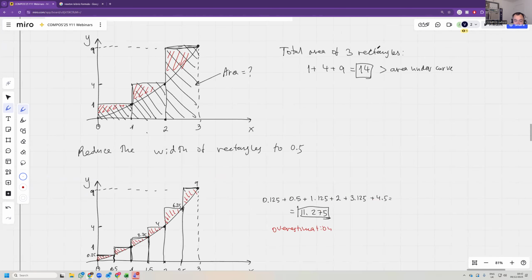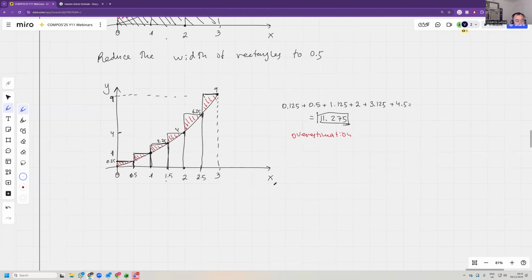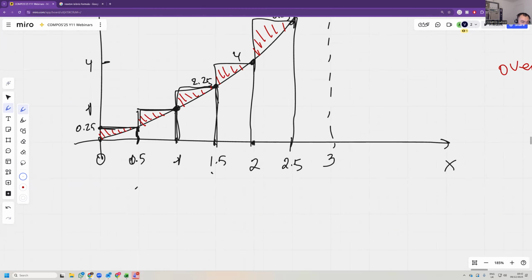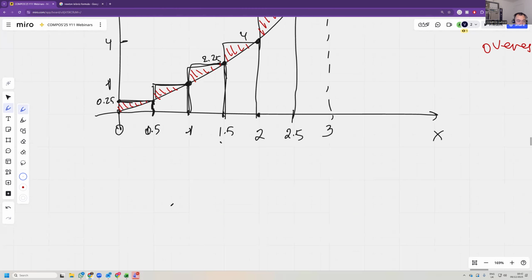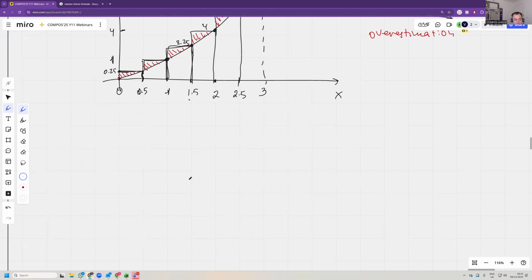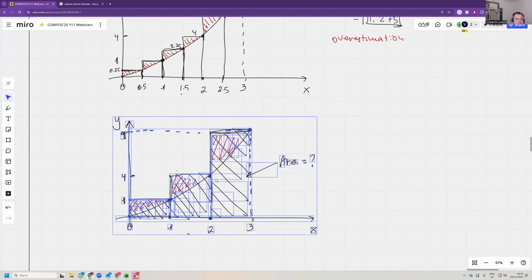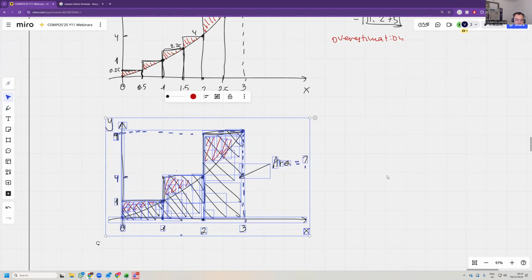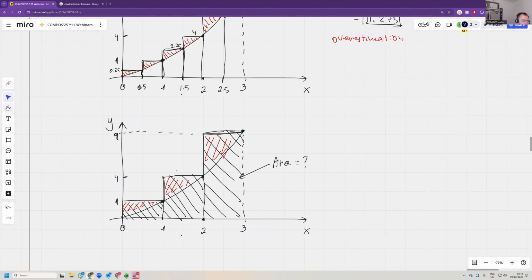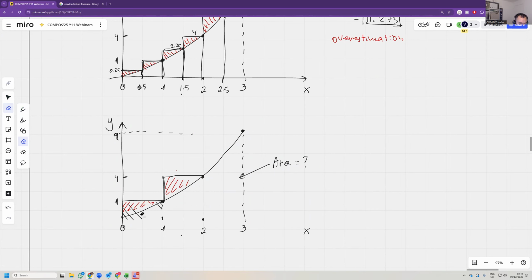But you can see that the number will get smaller, and if I do half intervals, if I carry on doing the same thing, I'll get closer and closer to the actual value.